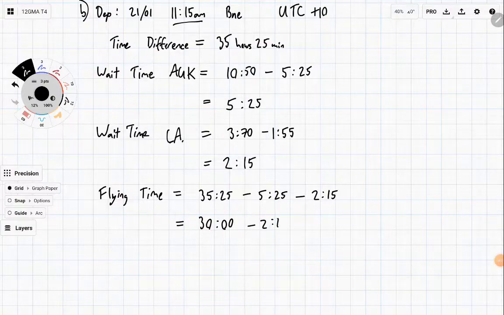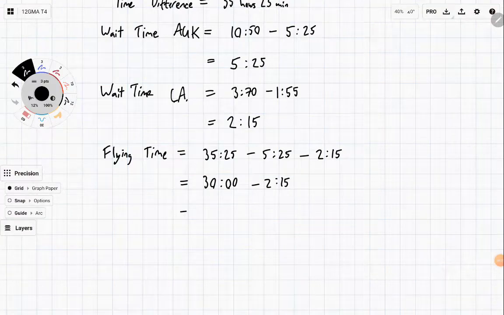Minus 2, 15. 15 off 30 hours is going to be 29 hours and 45 minutes. Subtract the 2 hours, 27 hours and 45 minutes. So 27 hours and 45 minutes is how long she was flying for.